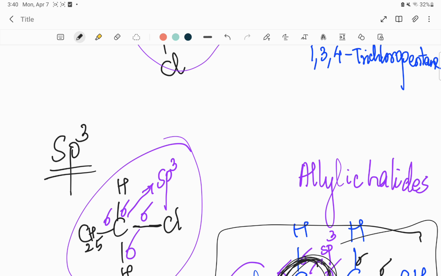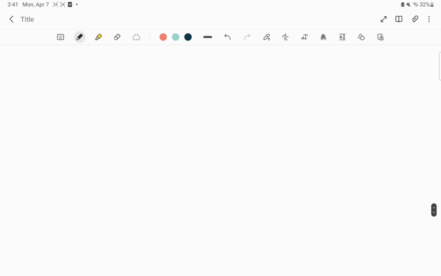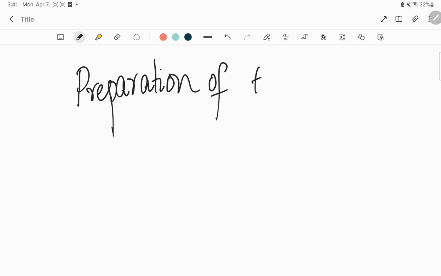Now we need to discuss the preparation of haloalkanes and haloarenes. So first we have to study the preparation of haloalkanes.